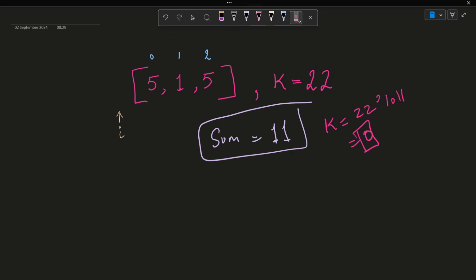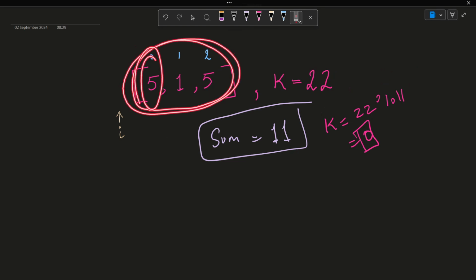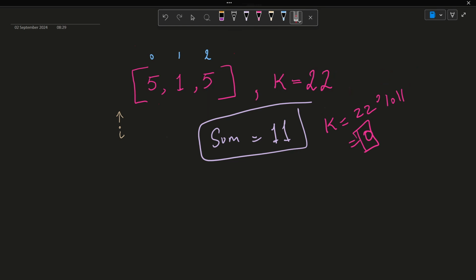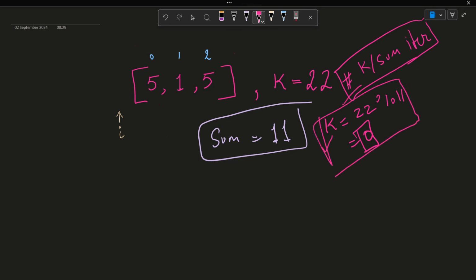So rather than doing this whole iteration twice before finding the place where we are having some issues, I'll just do the mathematical calculation. k divided by sum is the number of iterations that I'll just go through the loop without finding any solution, right? So this is the logic. I'll just update this k value to k modulo sum, and the very first iteration would give me the solution.